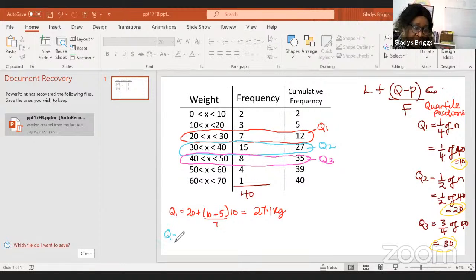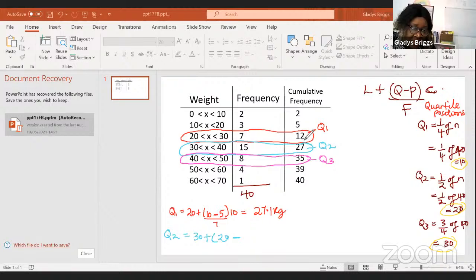For Q2, L is the lower limit of the quartile class, which is 30, plus Q, the quartile position, 20, minus P, the previous class cumulative frequency.